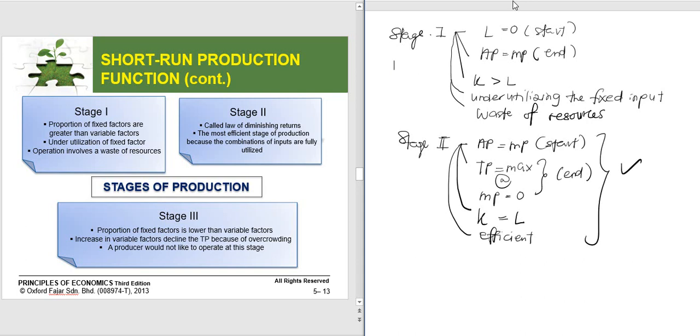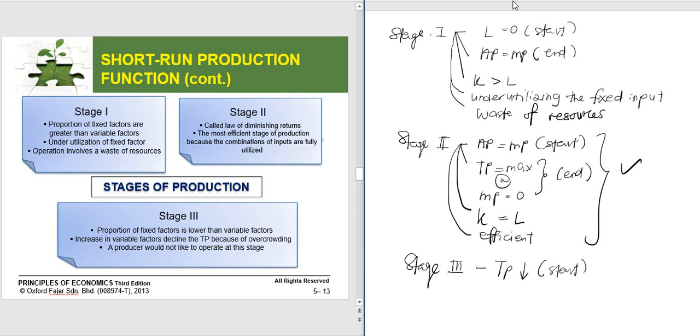Okay, and what happens at stage 3? Stage 3 actually starts when total production starts to decline. And then it will end at a certain level when the number of labor is no longer needed in the production.